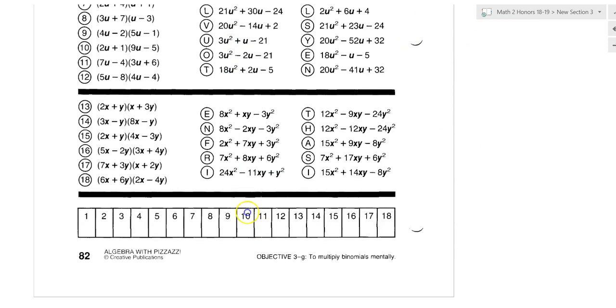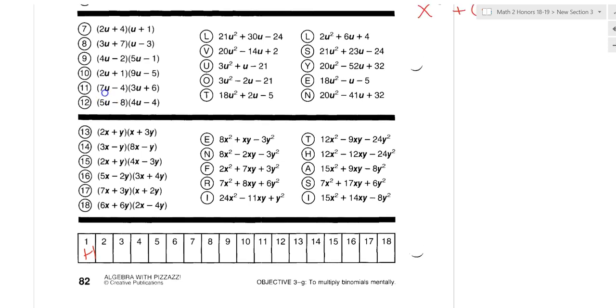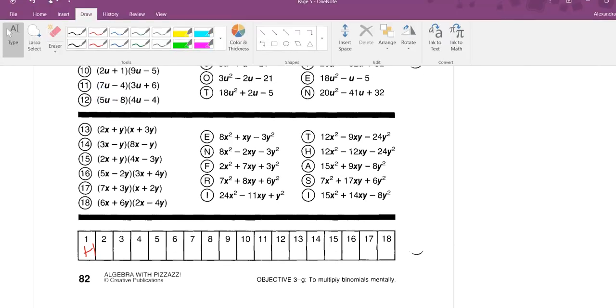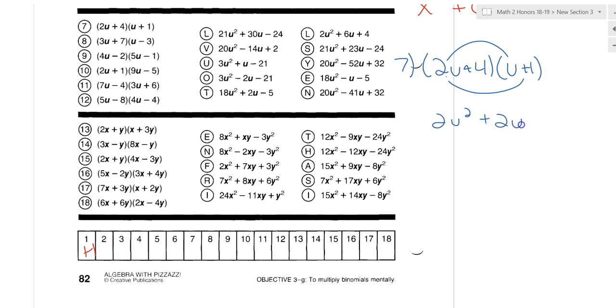And this is another one where we're just going down and then writing the letter below. All right, we're going to look at number 7 as well. Just one more. We have 2u plus 4 times u plus 1. So again, first, outside: 2u times 1 is 2u.